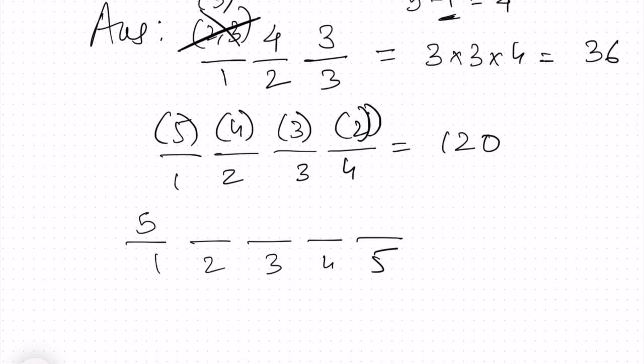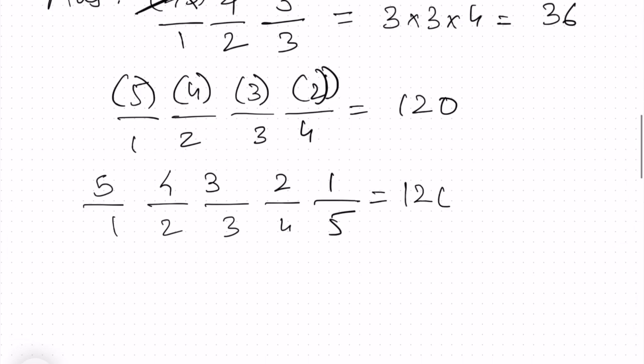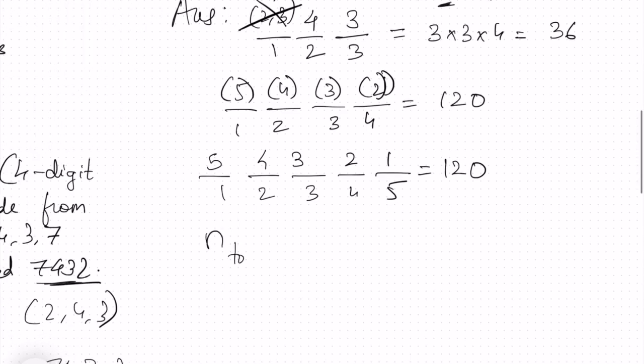And again, no restriction for the 5-digit numbers because they will always exceed 400. So 5, 4, 3, 2, 1, also 120. And because the number can be either a 3-digit number or 4-digit number or 5-digit number, the total is 36 plus 120 plus 120, 276.